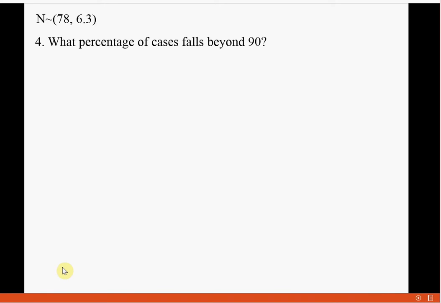Question number 4, what percentage of cases falls beyond 90? Now, 78 and 90. This question is about the size of this corner.